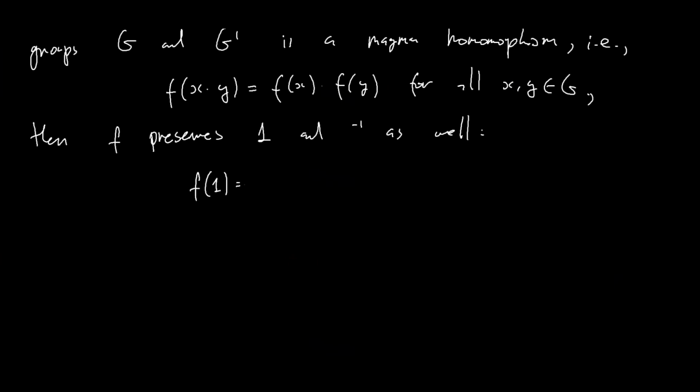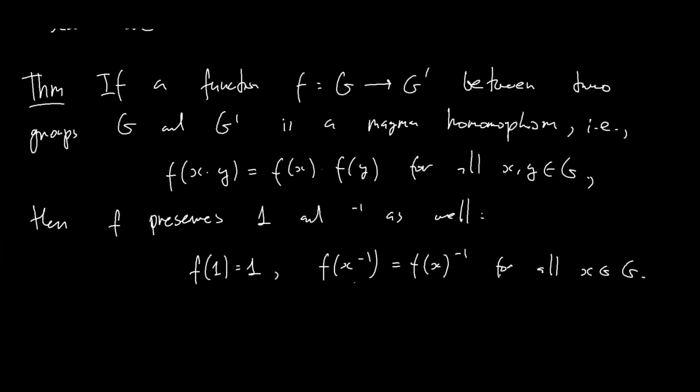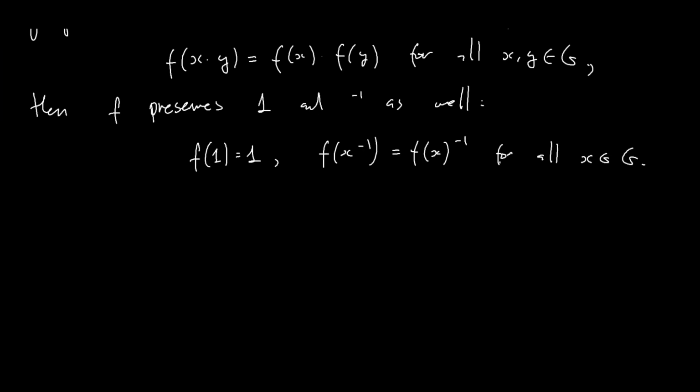So f of 1 equals 1, and f of x inverse equals the inverse of f of x for all x in G. So we almost saw the argument for how we get preservation of this once we have that and that together. But now it turns out we can even get that out of just that. So let's see how that's done.